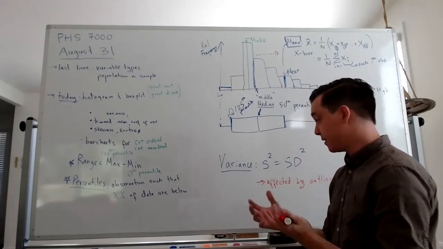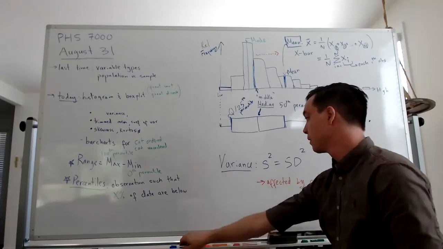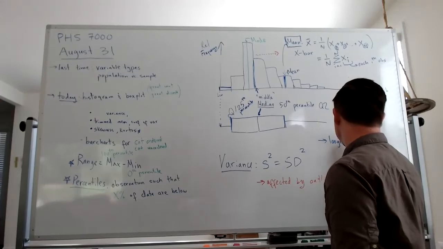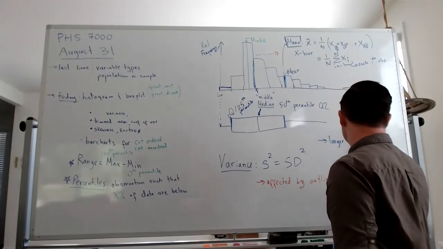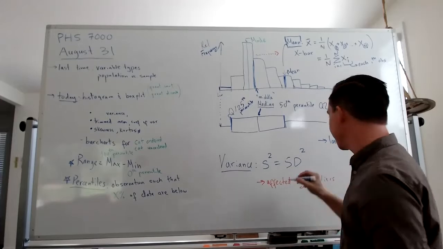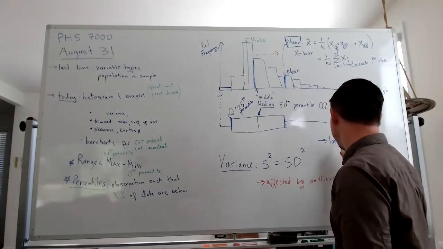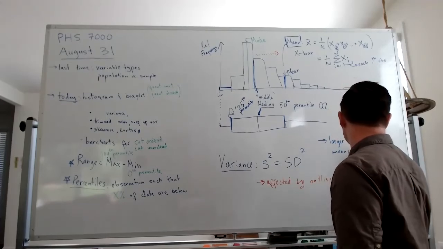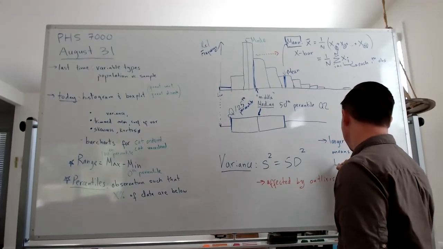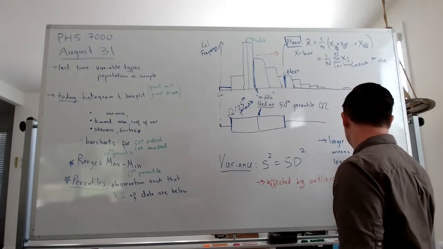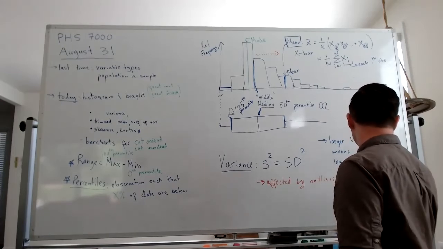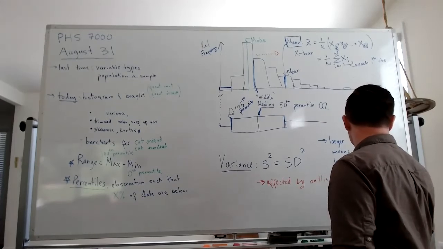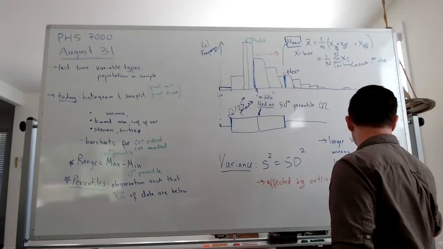Larger variance means the data are more spread out. Larger variance, and also standard deviation, but we're talking about variance now. So larger variance means data are less certain, more spread out around the mean.